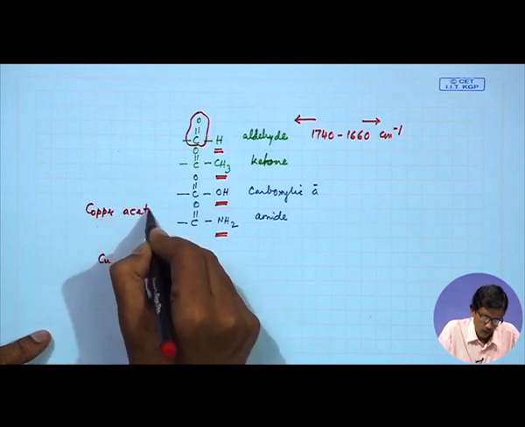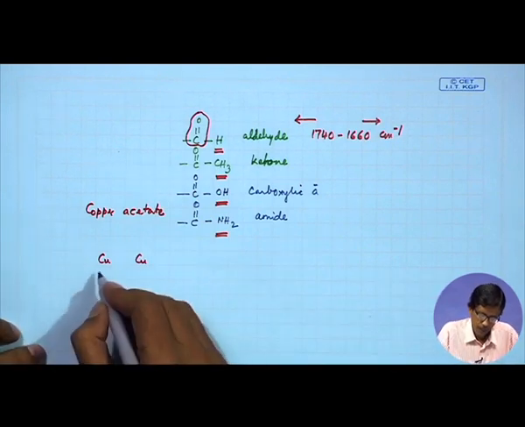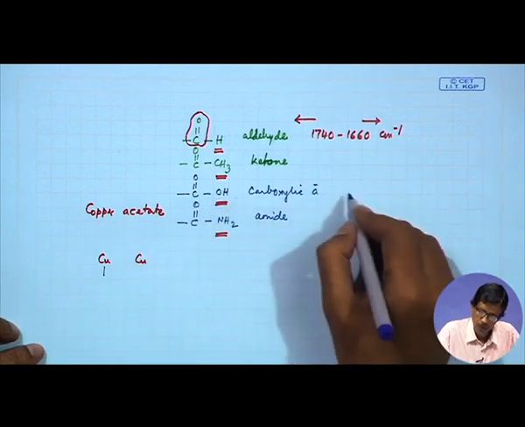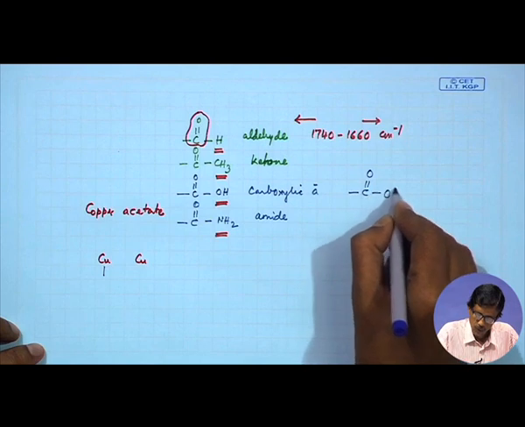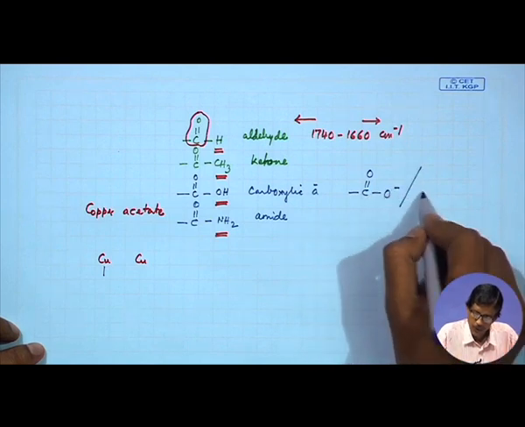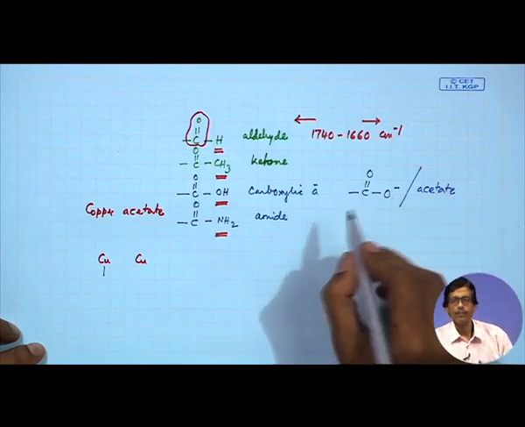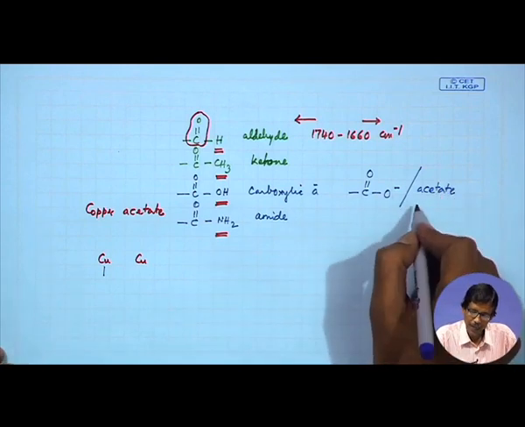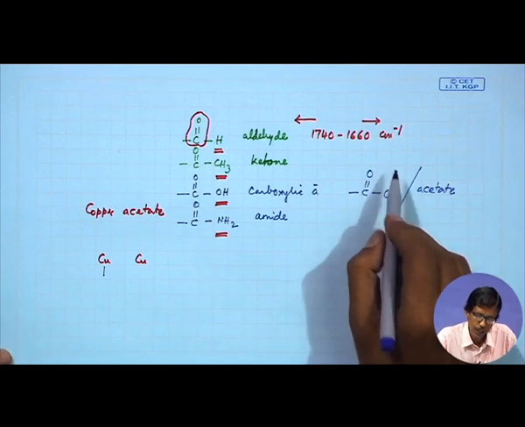It is not a very simple acetate as it is supposed to be, but this carboxylate function, which is C=O with a minus, which is your acetate anion.